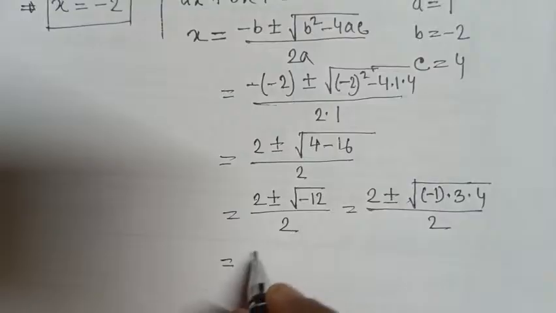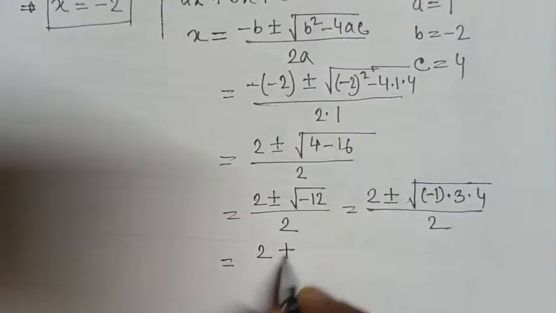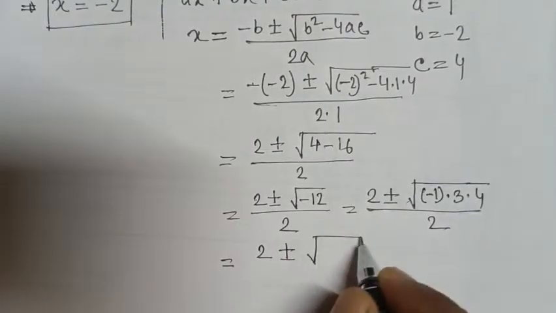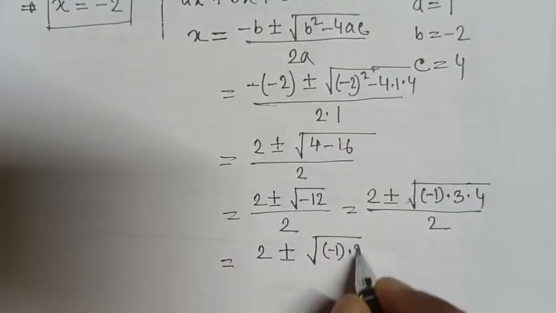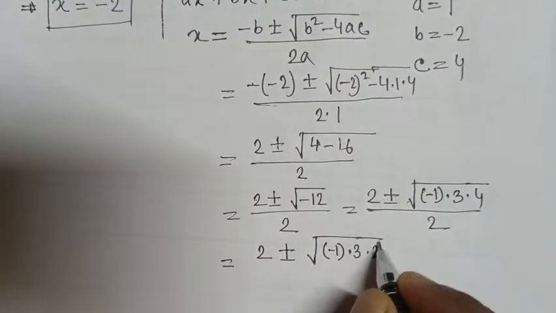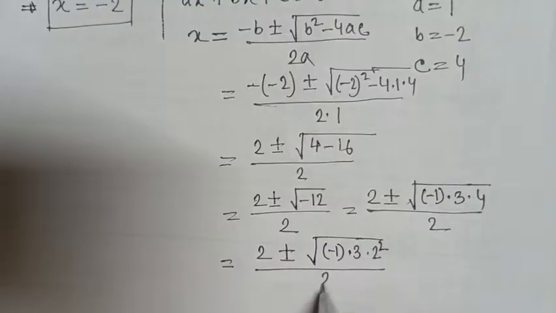Now we can express this as 2 plus minus root over of minus 1, 3 and 2 square by 2.